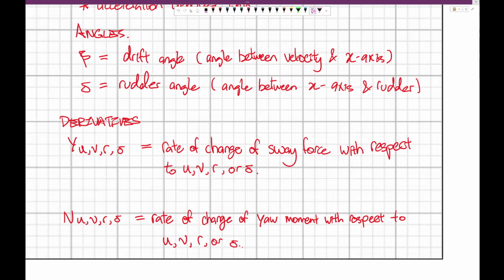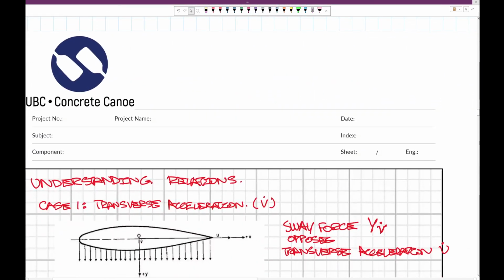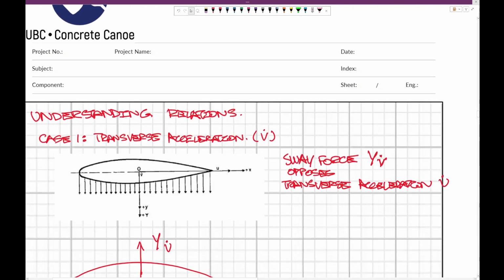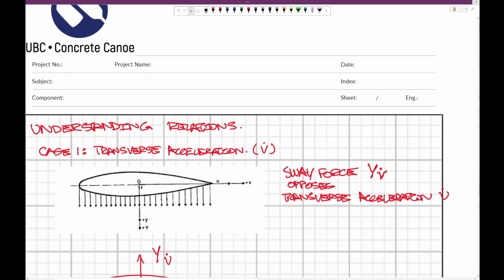Now, moving on to understanding the relations, we'll go through a couple of different cases and see how they affect things. So case one is, imagine your boat was having a positive transverse acceleration.